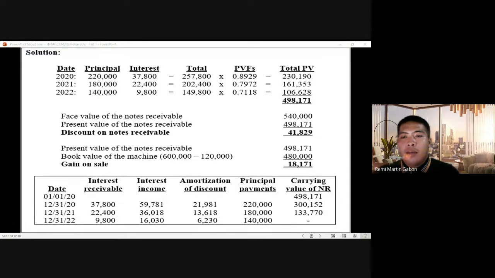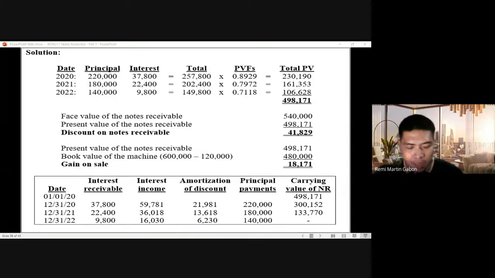So go ahead, follow along again so you can practice. 498,171 times 12% gives 59,780.52. We can drop 0.52 and round it off to 781.